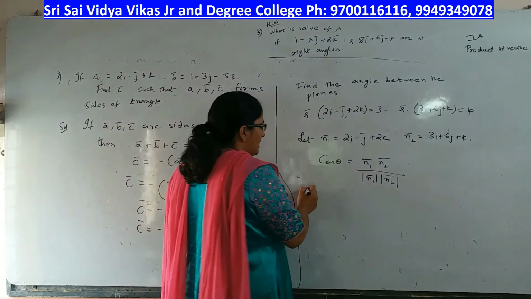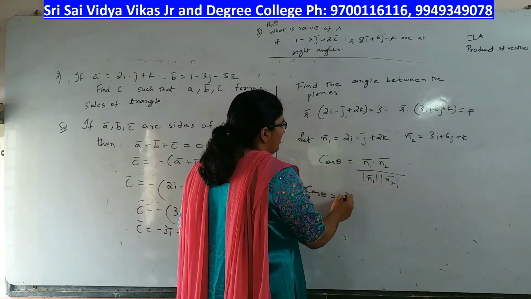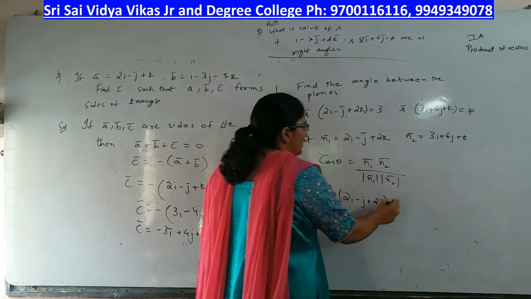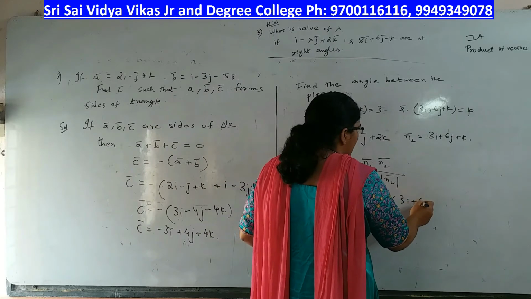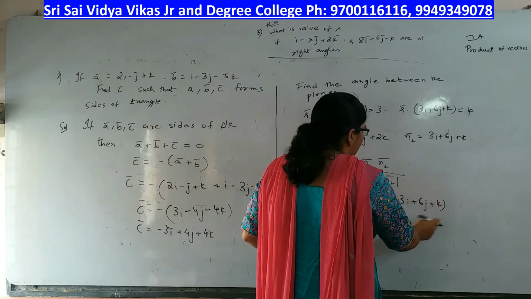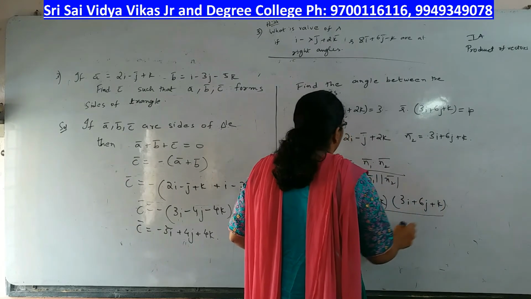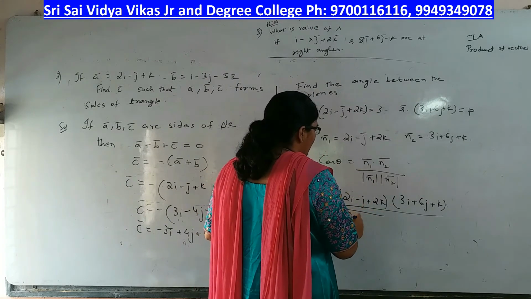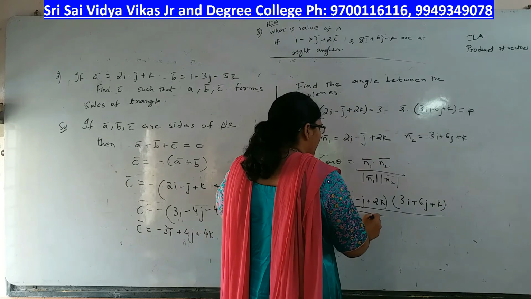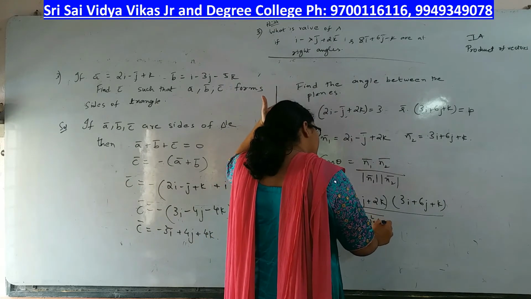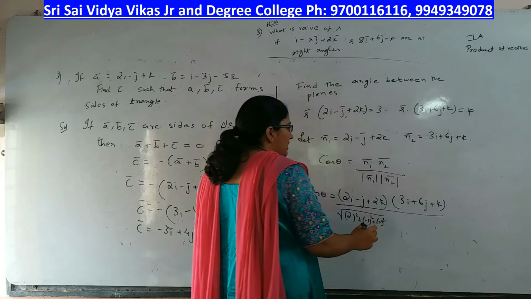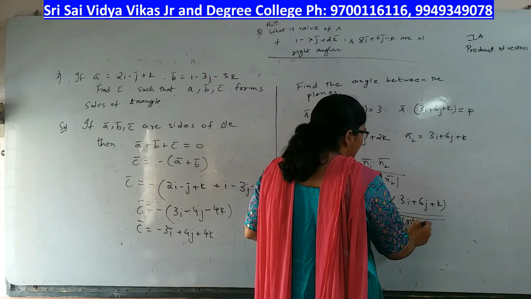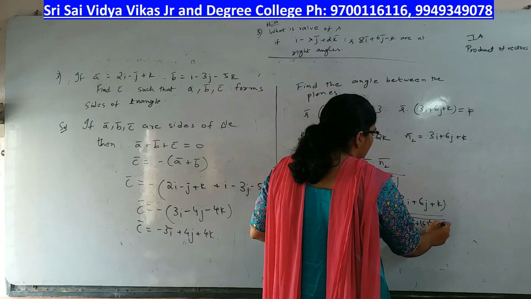So cos theta is equal to 2i minus j plus 2k into 3i plus 6j plus k by modulus of n1, which means 2 square plus minus 1 whole square plus 2 square, into 3 square plus 6 square plus 1 square.